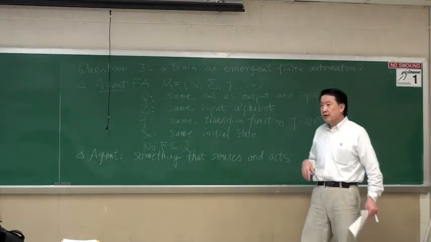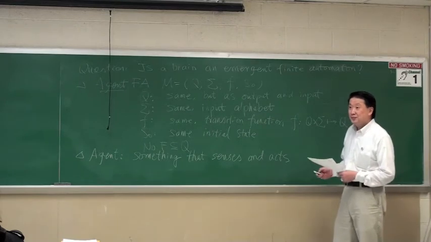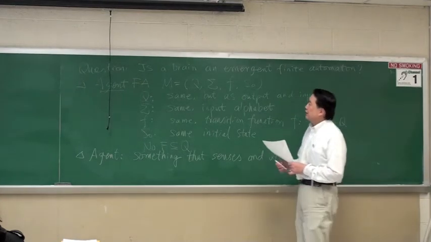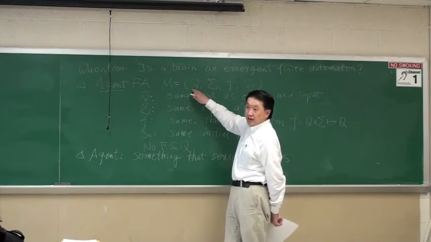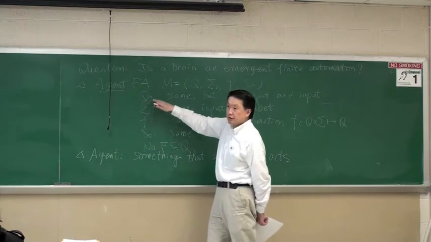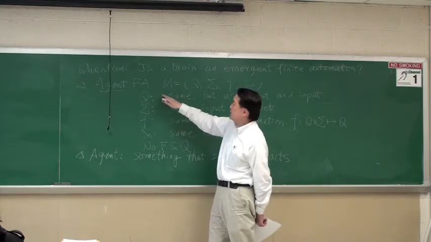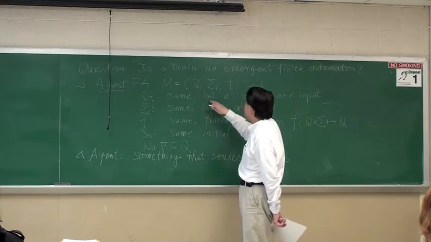Yes? I don't understand what Q is. All right, Q. Sometimes we have different letters, and we can use S for the set of states, all right? And we have Q. Q is just an S. This is basically a different variable. So it is the set of states.